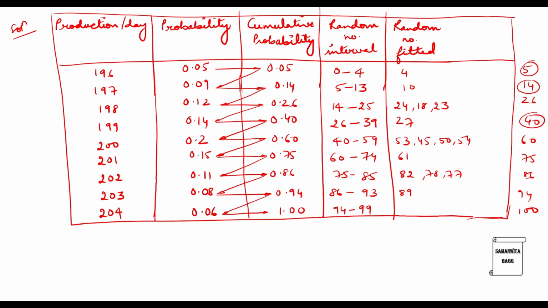Now I'll draw one more table like I did in the previous problem. That is based on the 15 random numbers given. We will try to make another table. So first I'll write down day number. Then we have random number. Next we'll talk about the production per day.